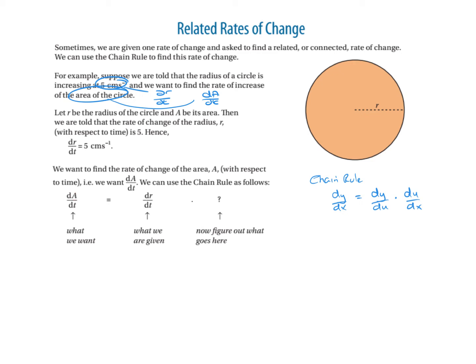We have been given dr/dt, and now we need to figure out the part of the chain rule that's going to make all of this work. So the way to think about it is, what do we need to find, that's what goes here, is equal to what we are given, and that comes from the question, and now we need to figure out what needs to go here.